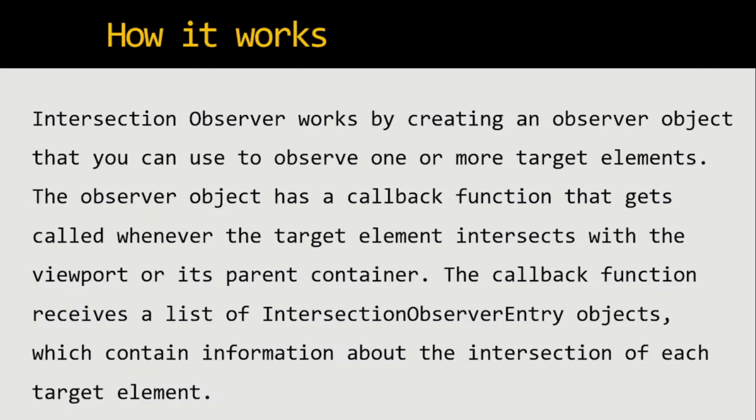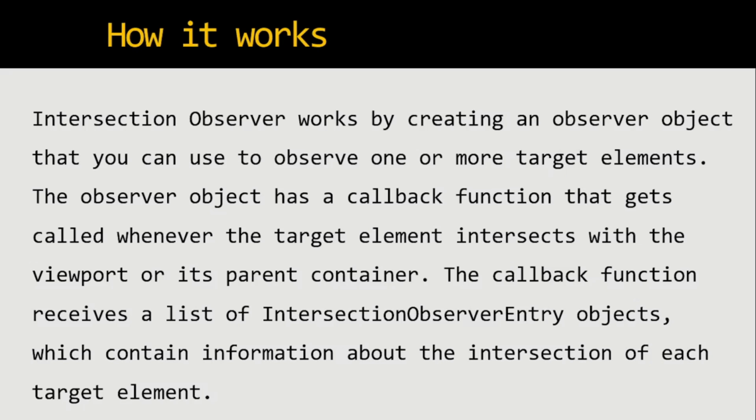So how does it work behind the scenes? So intersection observer works by creating an observer object. That is a very important thing to note. It uses an observer object that you can use to observe one or more target elements.